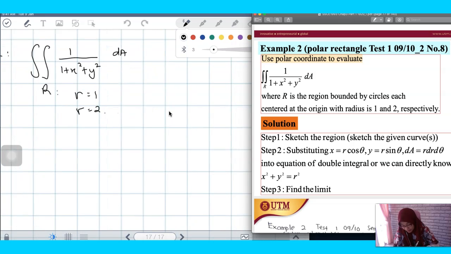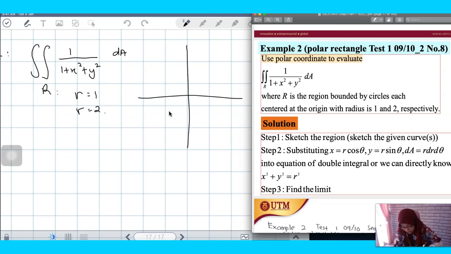Okay, so in this case, it is okay for you to not sketch the region because you can imagine it easily. Because in some questions there is no mark for the sketching, but it is good for you to provide the sketching just in case it will help you to get marks, even though the mark for the sketching is not provided.